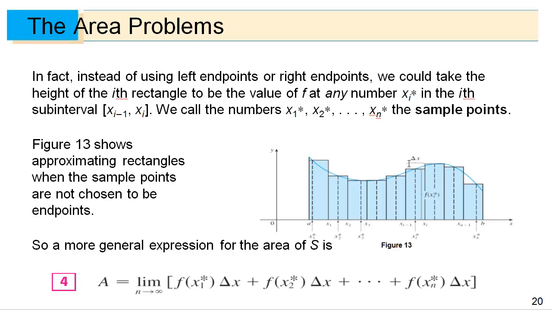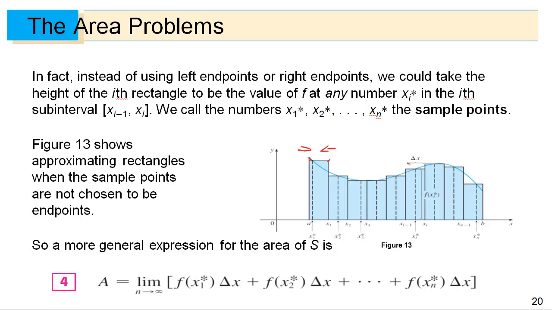And think about this intuitively. Why does this not matter? Well, remember, what are we doing? We're taking the limit as n goes to infinity. As n goes to infinity, these rectangles shrink. They get thinner and thinner as n gets bigger and bigger. And so if you started here or here, if you started with a right-hand endpoint or a left-hand endpoint, as these things shrink, these two endpoints come closer and closer to each other.